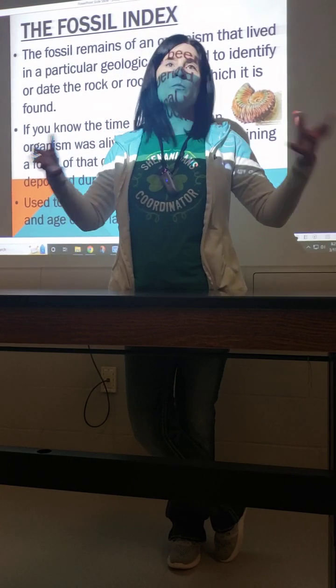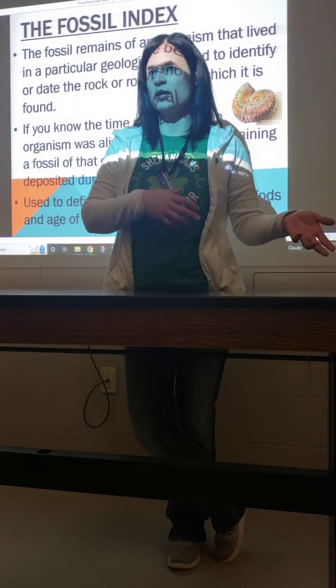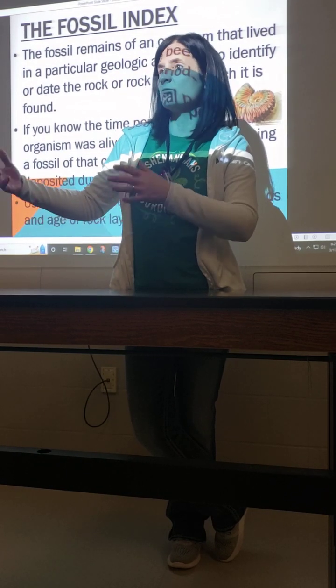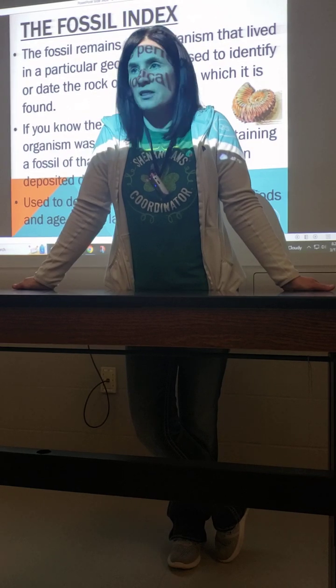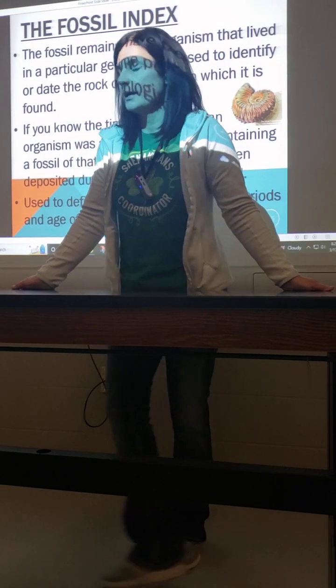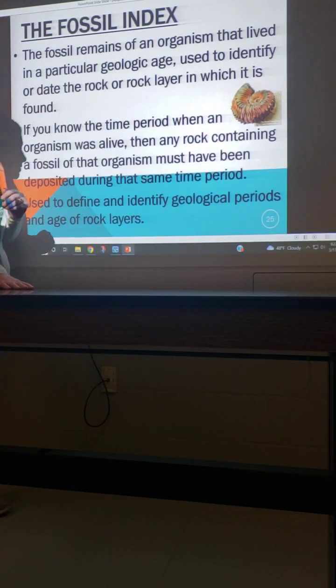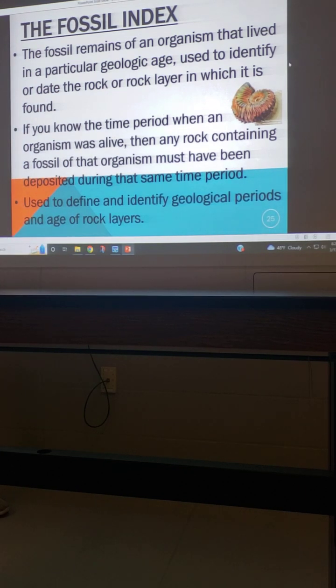So they go back and forth. The living things can help identify the rock age, and the rock age can help identify when that living thing had been alive, right? And that's where the fossil index becomes useful and helpful to us.